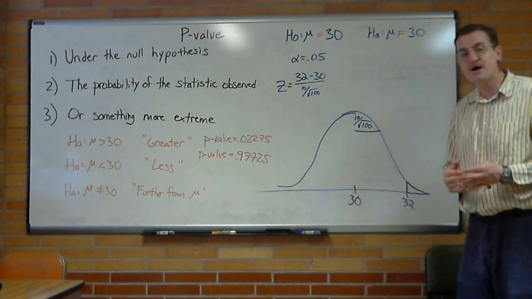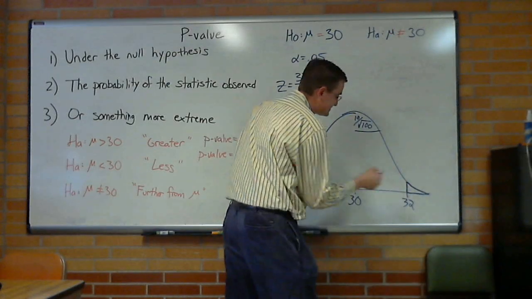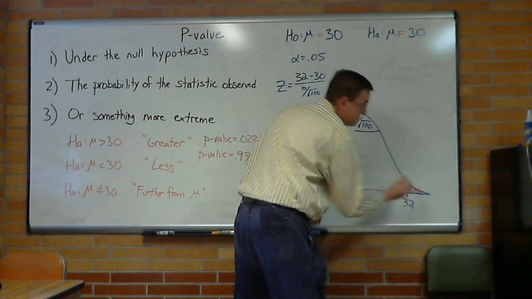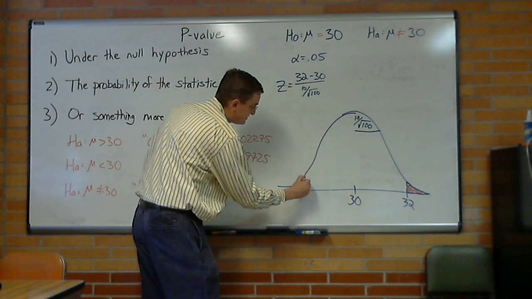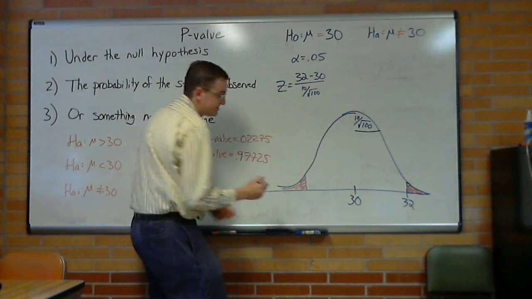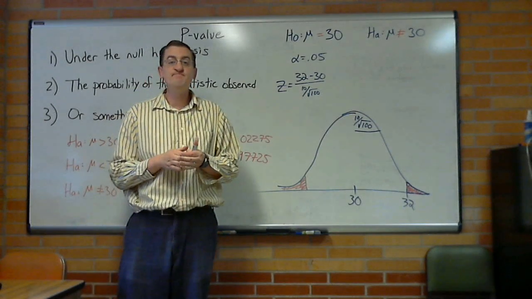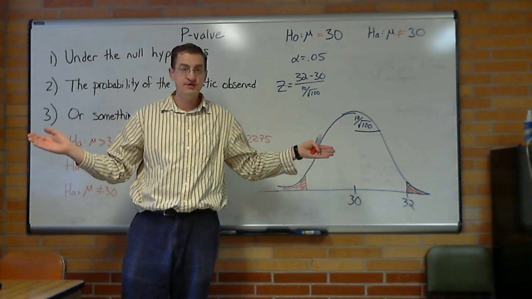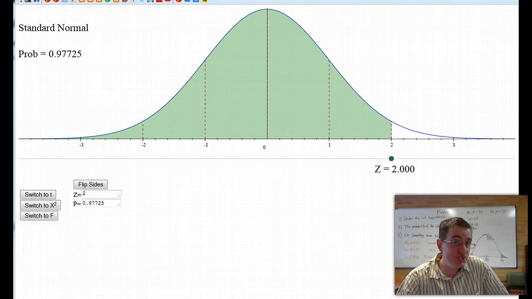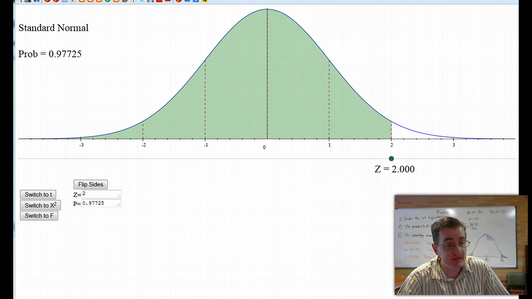So for the p-value, we don't just want to say, what's the probability of being even further on the high end? We want to say also, what's the probability of being that far out on the low end? In other words, the probability of being that far away from 30 in either direction. Now the applet doesn't do a two-tailed area like that, and it's partly on purpose, partly because I think it would be confusing.